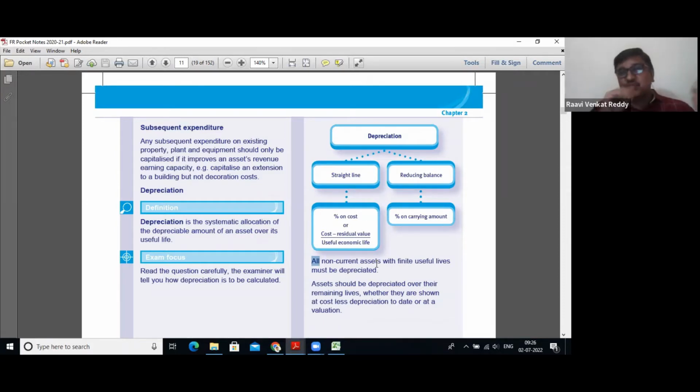Excellent. So finite life means how many years we can expect that particular asset to generate economic benefit, whether 10 years, 5 years, 15 years or 20 years. And participants, you need to understand that it is only an estimate, not necessarily always right, because it depends upon several factors. Suppose you see our COVID example, especially the hospitality sector: there was a complete shutdown during the lockdown.